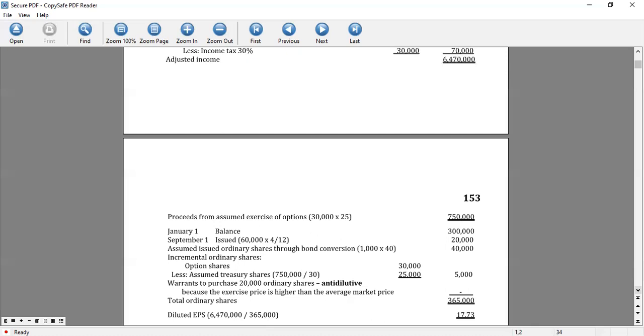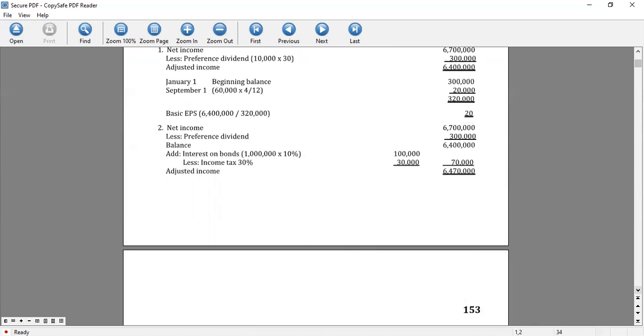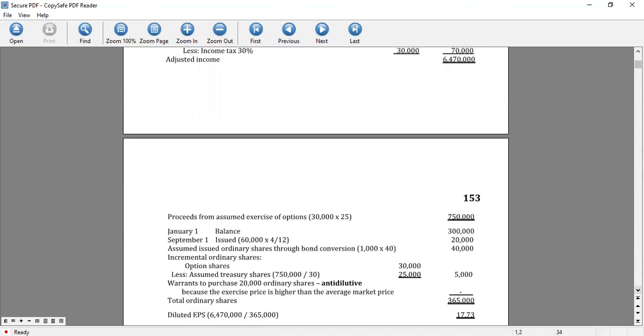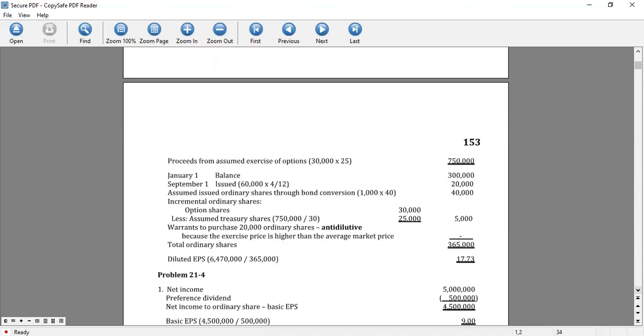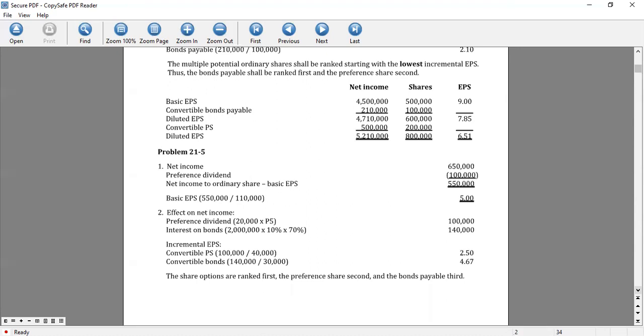However, after all adjustments we have now the computation of 6,470,000 for the adjusted income, and we have to divide this by the adjusted number of shares computed above. So we have 1.773 for the diluted earnings per share.